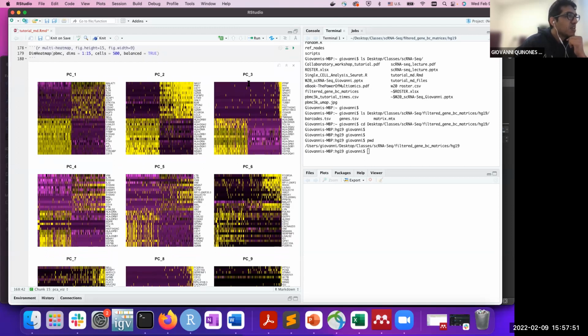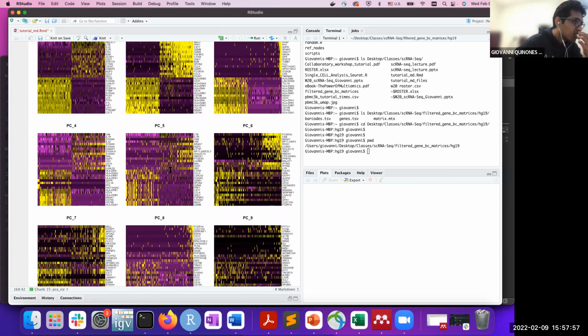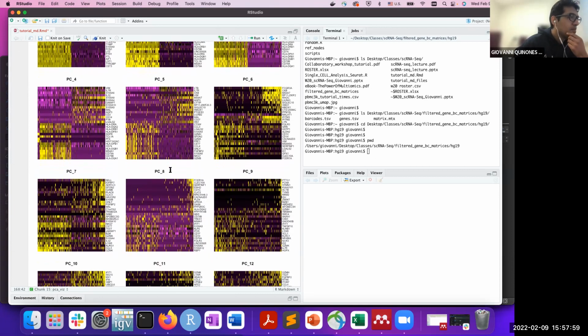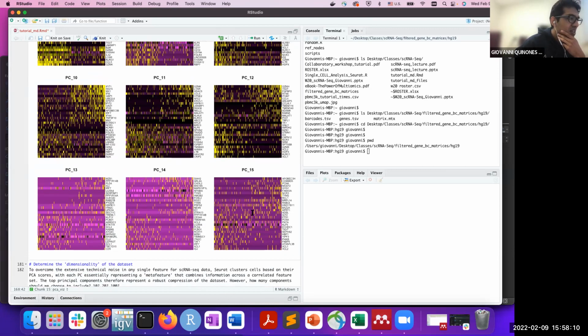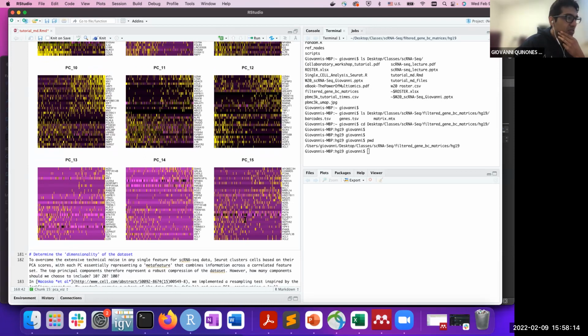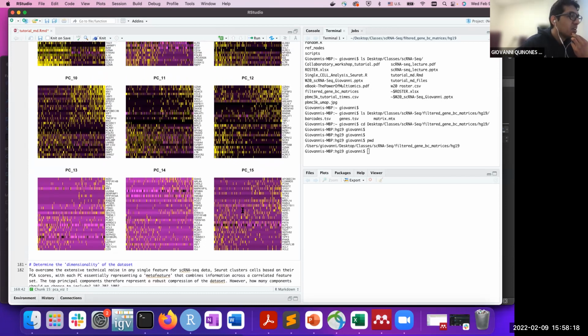Then as we keep moving into PC3, PC4, PC5, at some point, around PC6, PC7, it's not so clear anymore. And if we go all the way down to PC15, it's a pretty big mess at this point. We can't really tell anything from this plot.